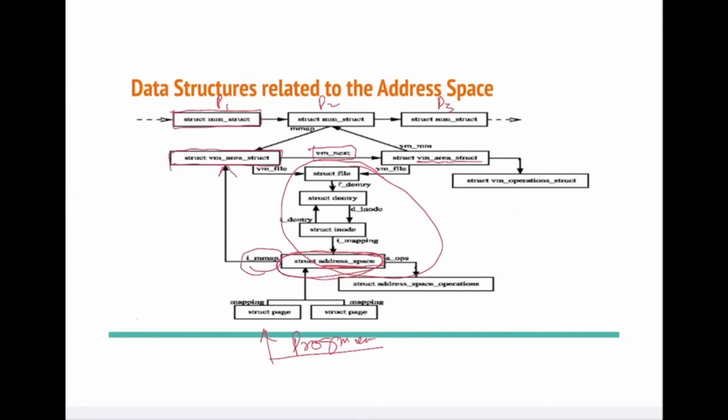It will be mapped to different VM areas, and this is how the whole mapping of pages, then the memory area, and then the memory structure is done. This is just an overview of all the structures we have seen.